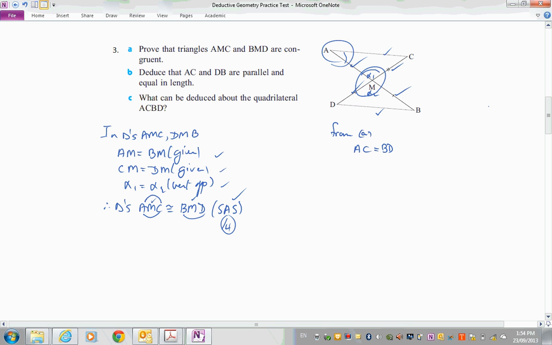Angle CAM equals angle, now where do we say? CAM, so that's the same as DBM. DBM in here. So this is from the matchups. And these are in corresponding positions.